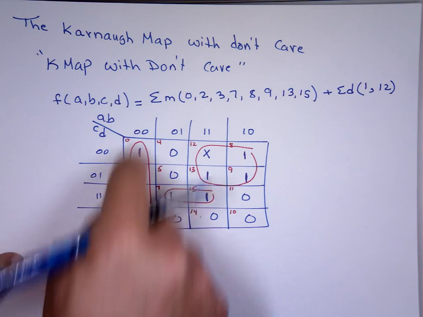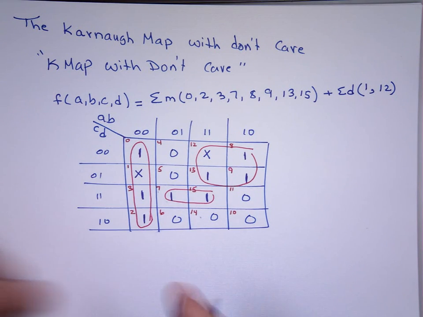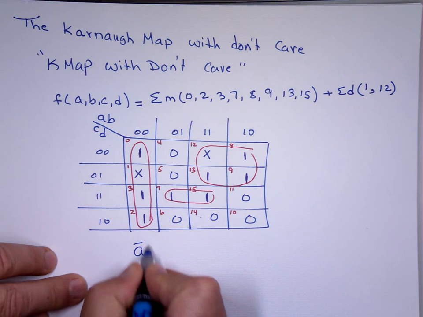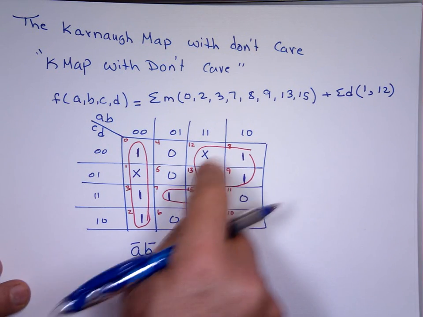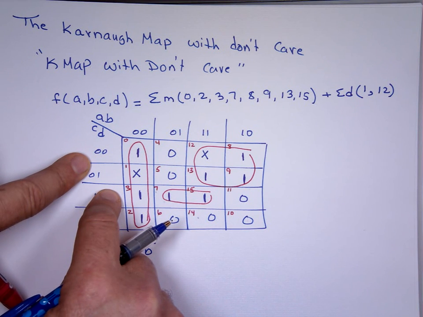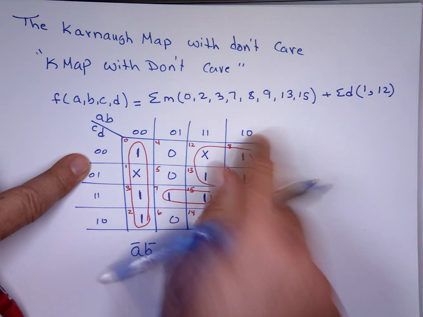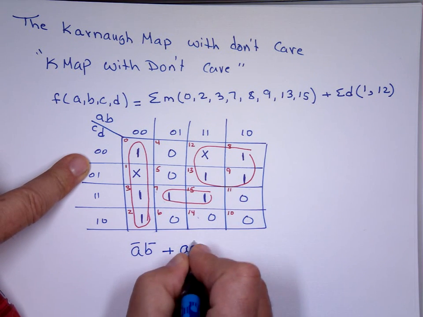So in this case, if I read this one, notice C and D is changing, that's gone. A and B are zeros, that's A naught, B naught. This one, the group of 4. D did change. B is changing, so A is 1, C is 0.